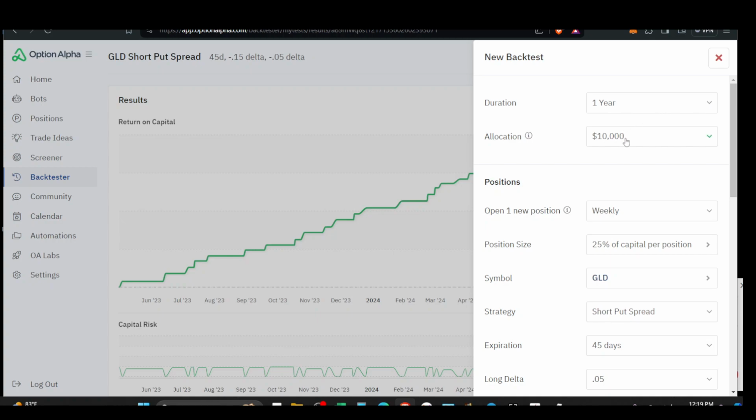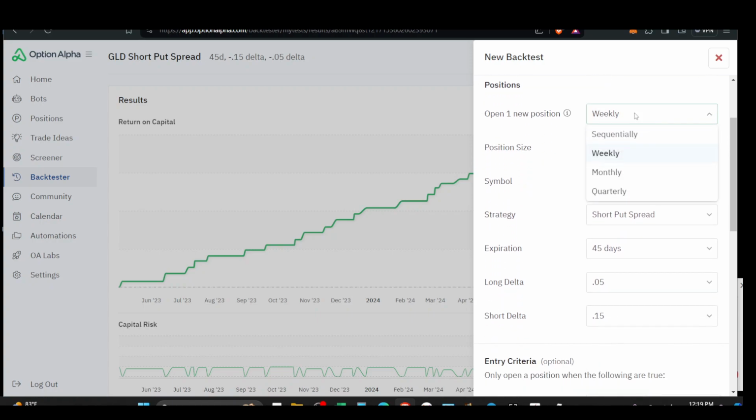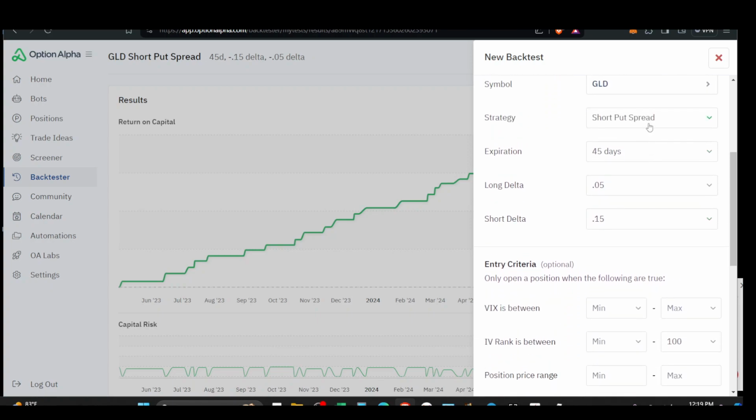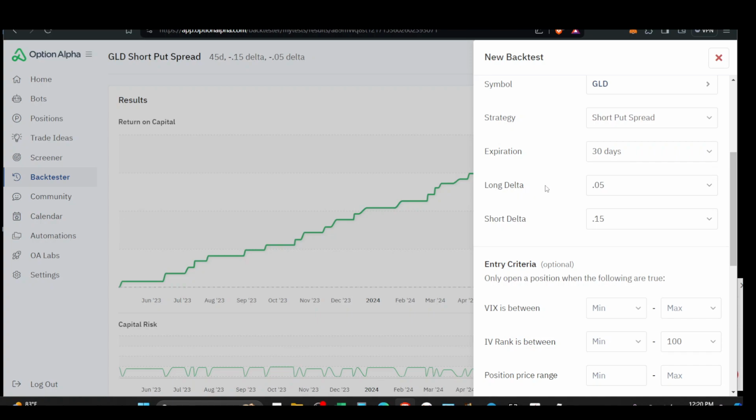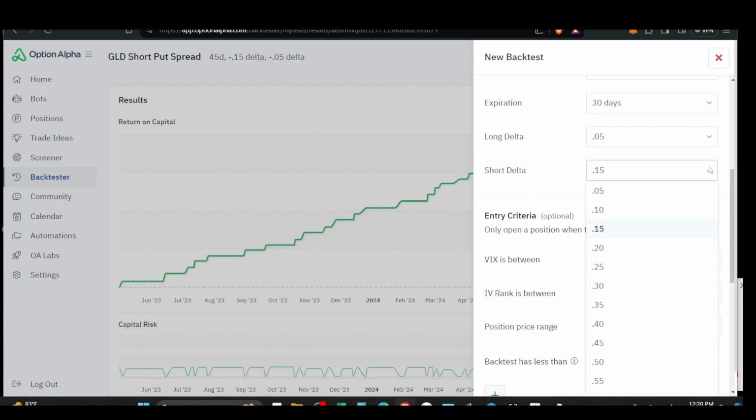I'm gonna create another video about backtesting maybe, so you can set up your allocation, how much money you got, open one position every week, 20% of the capital. Here you select a strategy and expiration day. So basically, I don't know, 30 days to expiration. You can use delta, long delta and short delta. So maybe I want this one to be 30 and this one to be 10, or maybe both 10, I don't know.